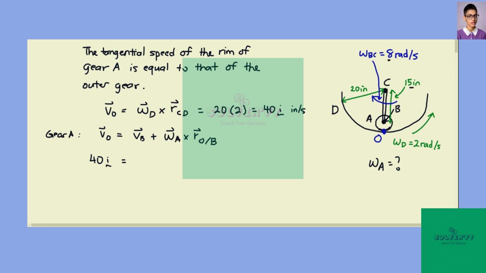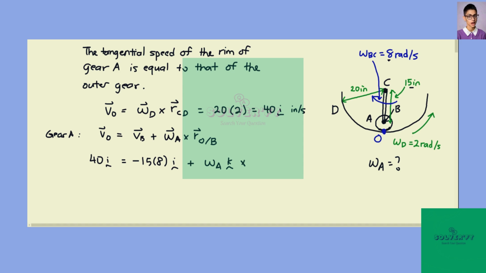So you just need to multiply 15 and 8, and you know that it's going to the negative i direction when it's rotating clockwise. And then omega A, just assume it to be counterclockwise.